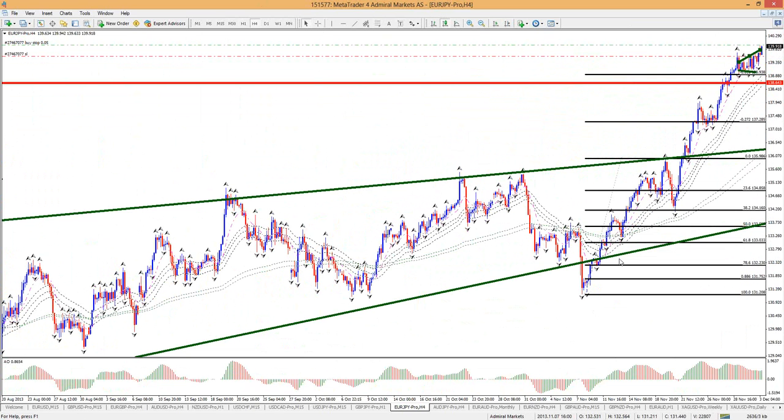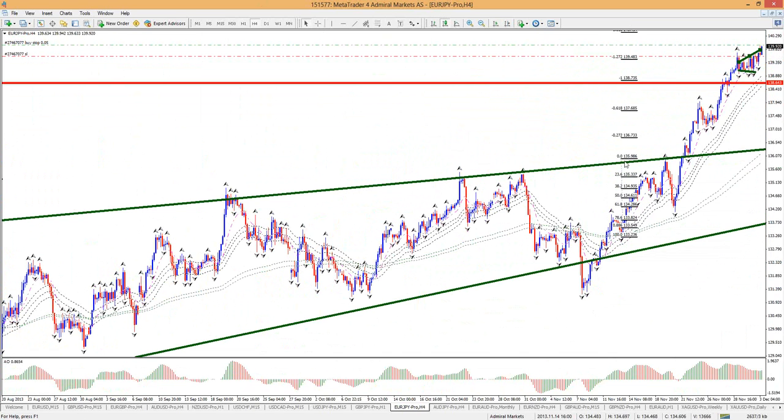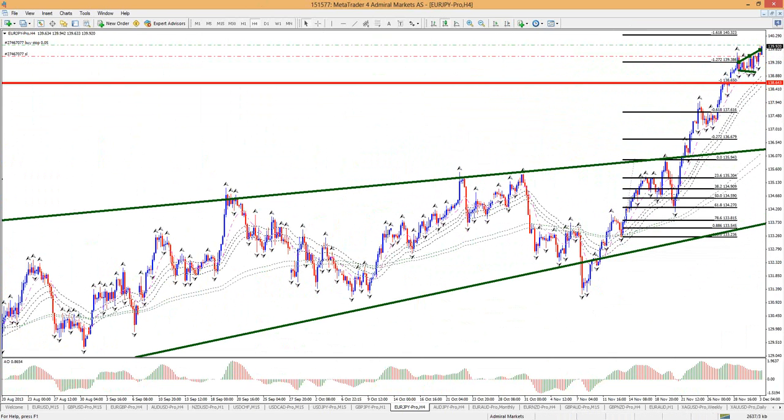And we'll have to put fibs on these swing highs, swing lows. 1 second, folks. Alrighty. Let's take a look.